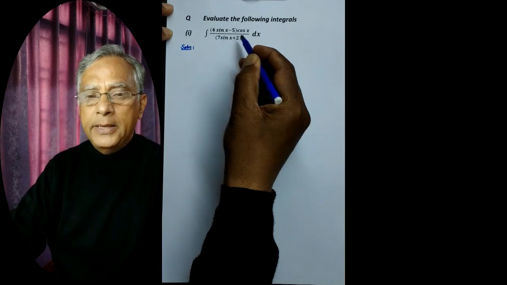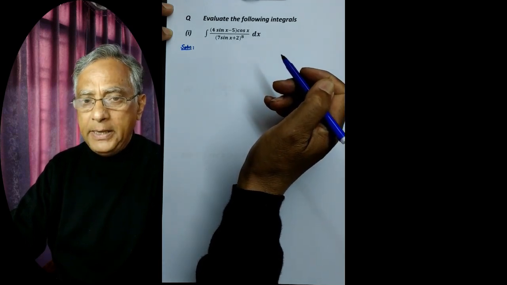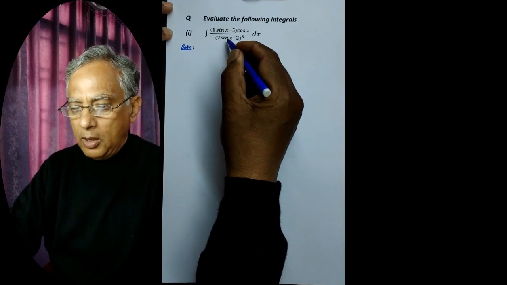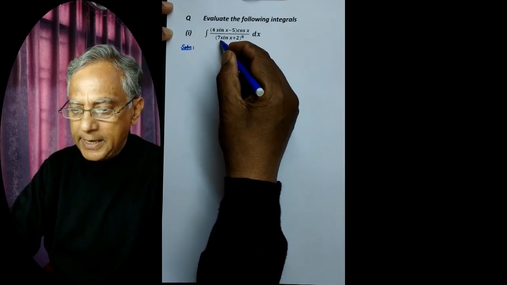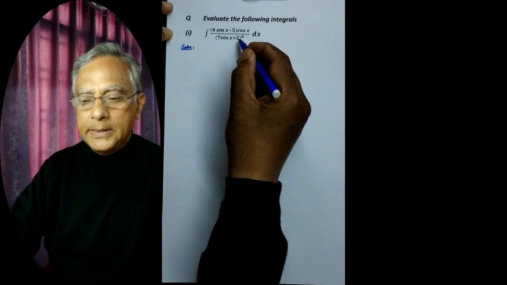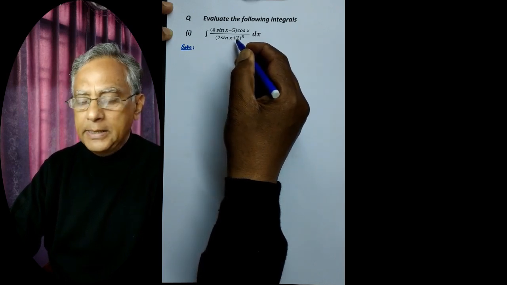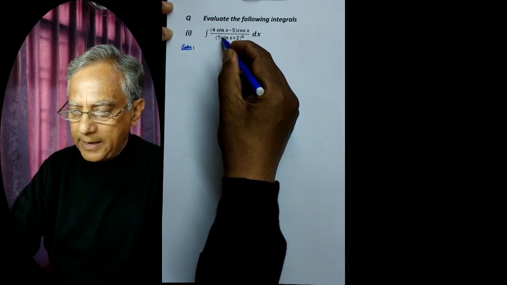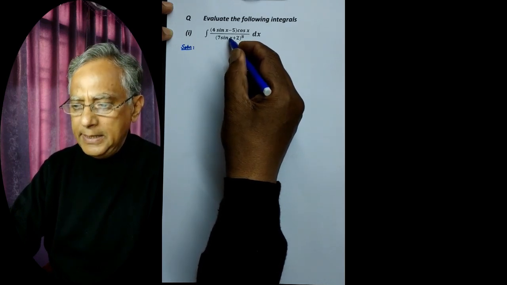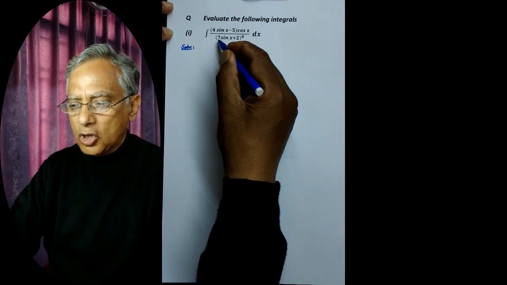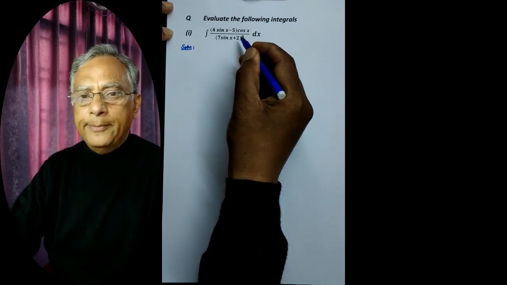And the question will be solved. But instead of putting sin x equal to t, if we put 7 sin x plus 2 equal to t, then its differentiation will be 7 cos x, and the differentiation of the constant will be 0. 7 cos x dx equal to dt.